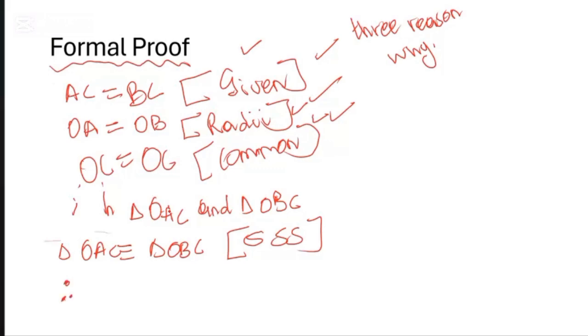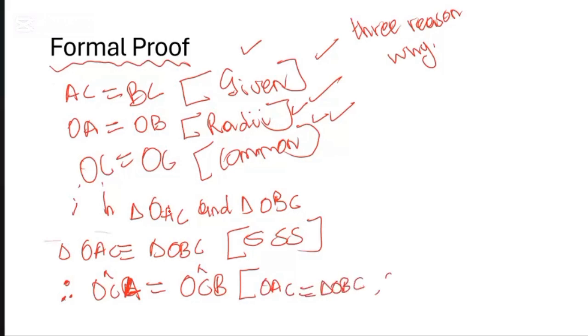It was angle OCA equal to angle OCB. So therefore, it is equal to 90 degrees because of congruency. You will say because triangle OAC is congruent to triangle OBC.